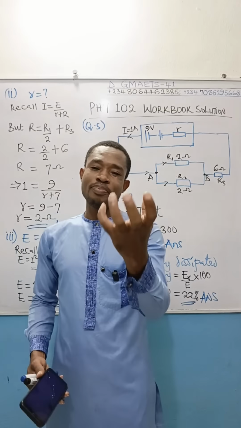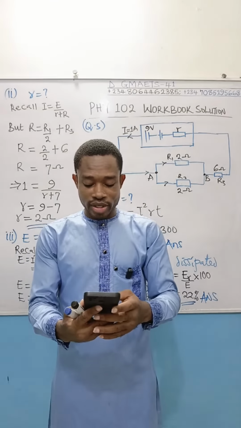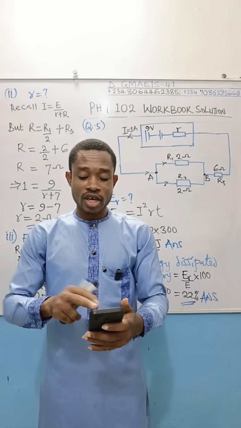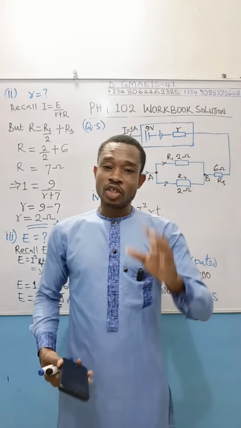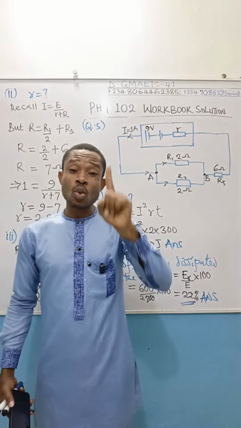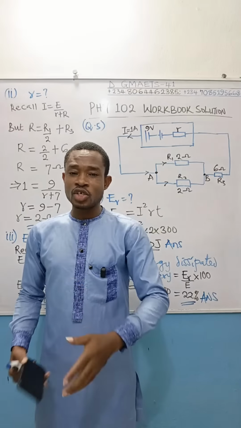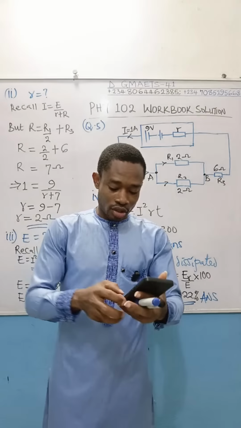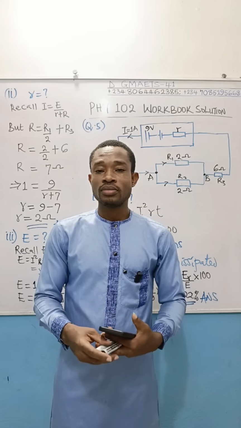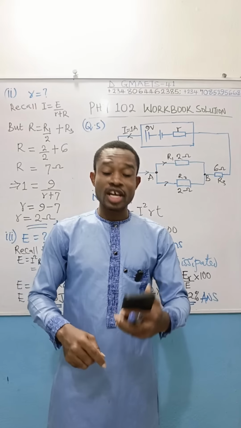If you buy a battery now, and maybe on the battery it is written that the electromotive force, EMF, is 1.5 volts. Take a voltmeter, the instrument used in measuring voltage, and measure the electromotive force.